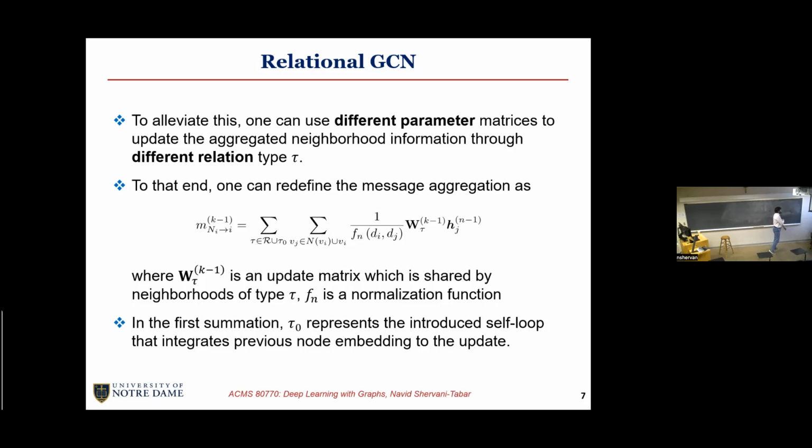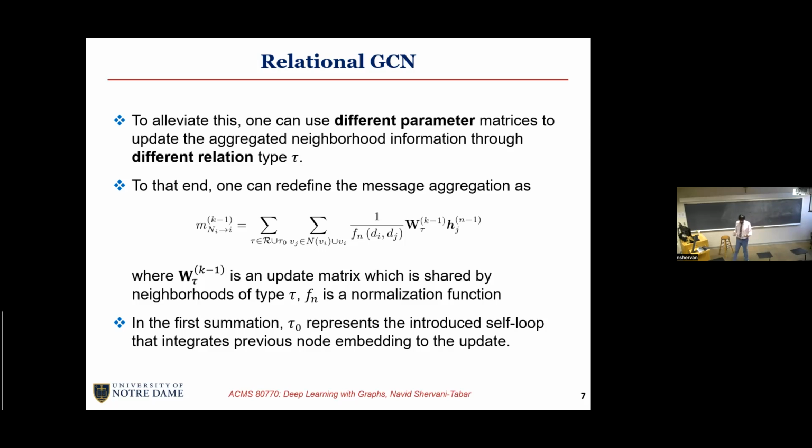And that's the essence of relational GCNs. I have a summation here over all the neighboring nodes and the node itself, and a second summation here over all the edge types. And I include a tau 0 here as well, which means the self-loop type of relation.